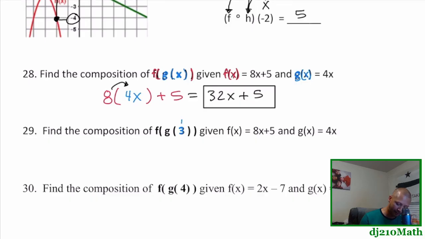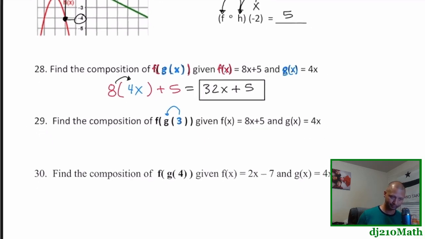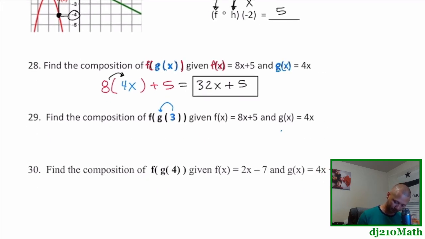Because we take 3 and we plug it into G. So G of 3 is going to be 4 times 3, because 4x, since X is 3. So this is going to be 4 times 3 is 12. 12 is the new input. So I've got to take 12 and plug that into F. We're evaluating F at 12.